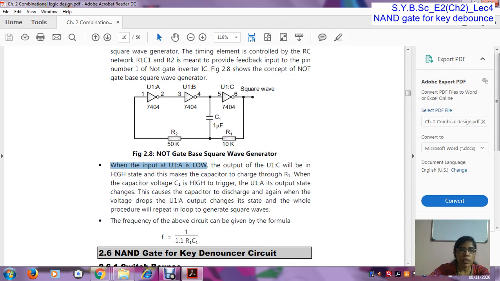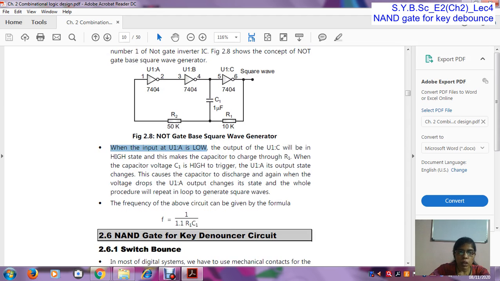So in this way the cycle is continuously repeated. First it becomes low, when it is low it is high, when it is high it is low. When we get the high output at pin number 6, this is the positive half of the square wave, and when we get the zero output at pin number 6, we get the negative half of the square wave. So in this way the process is repeated and a square wave is continuously generated by using a NOT gate.